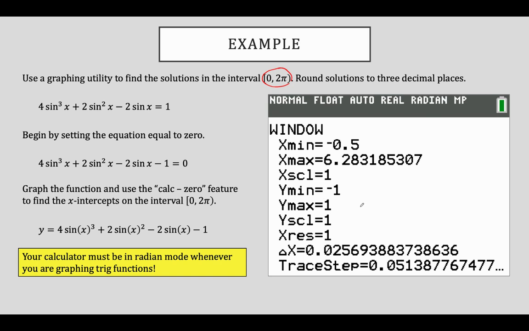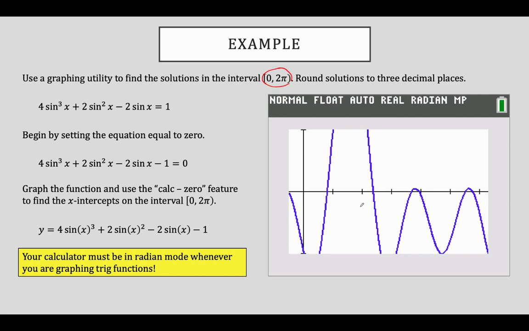Because again, we're trying to figure out what's happening really close to that x-axis. Find where it crosses the x-axis. And we hit enter again and go to our graph. And here we can see now that our graph actually crosses through the x-axis at these little x-intercepts.